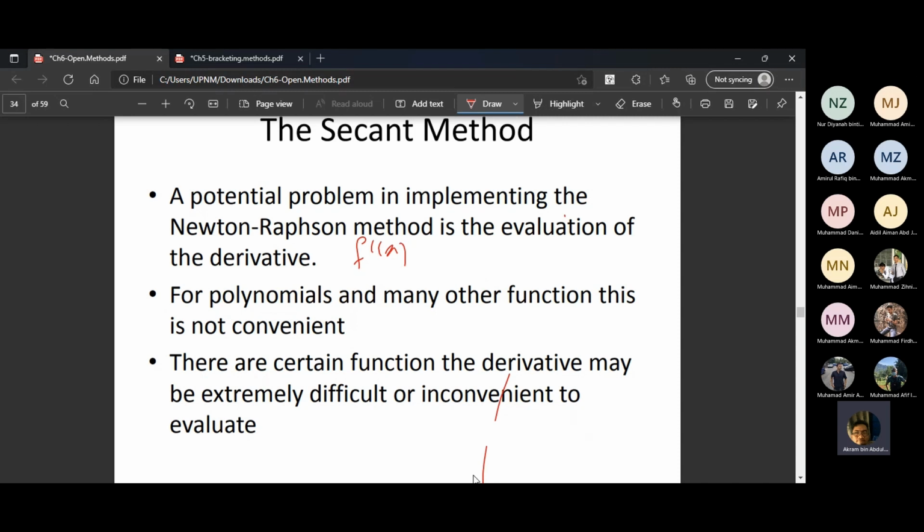There are some cases where for a certain function, the derivative may be extremely difficult or inconvenient to evaluate. For polynomials, it doesn't give us so much problem. But if our function is very difficult to differentiate, then we have another method that we can use. We can use the secant method.